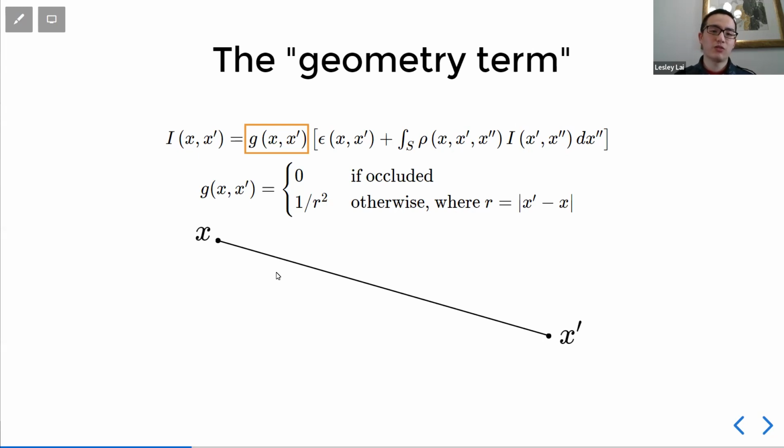If something occludes the path between those two points, we just get 0, which means the whole rendering equation will be 0 between those two points.